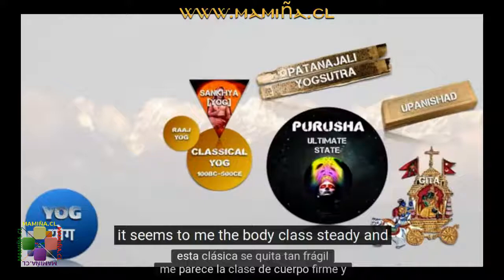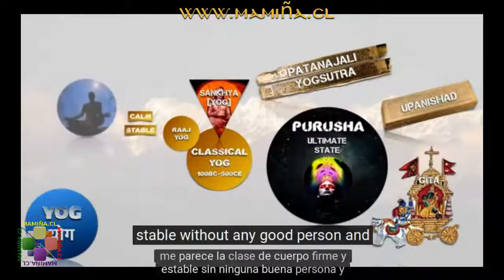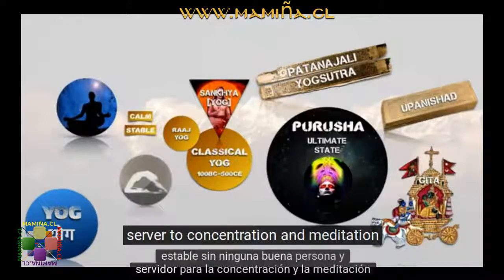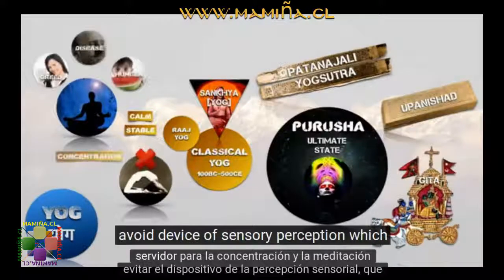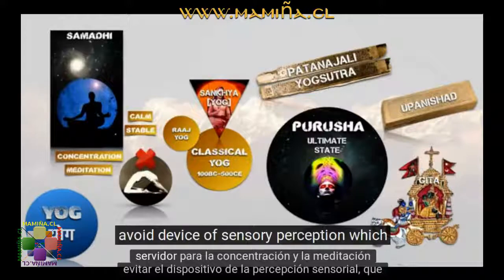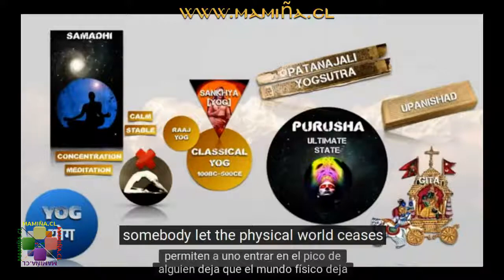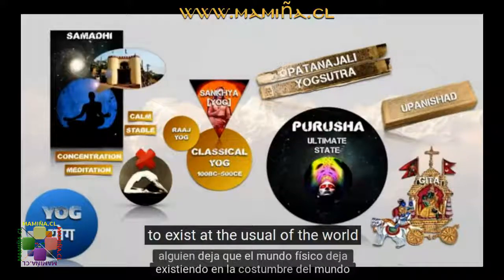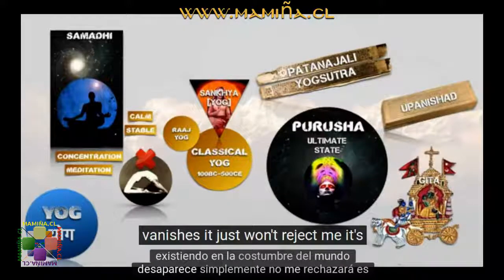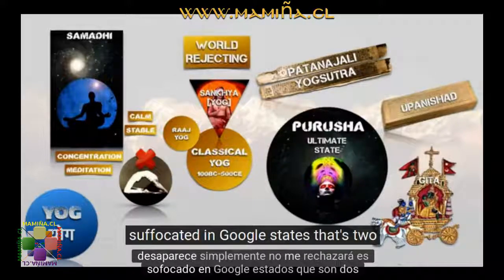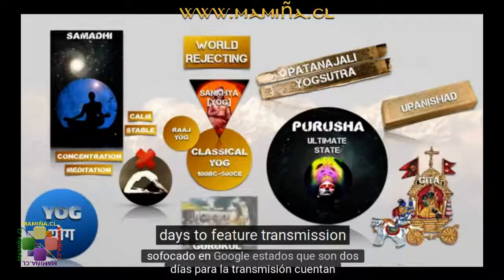It aims to make the body calm, steady and stable without any rigorous asana, and further, through concentration and meditation, devoid the mind of sensory perception, which enables one to enter into a state of samadhi, where the physical world ceases to exist, or the illusion of the world vanishes. It is thus world rejecting. It is propagated in Gurukul style with student to teacher transmission.